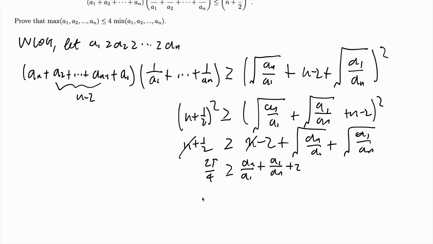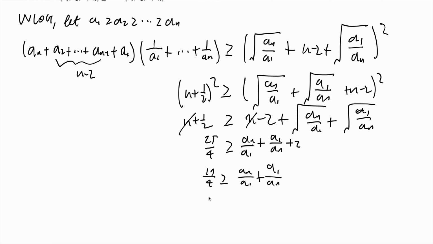Therefore, we have 17 over 4 is greater than or equal to, and let's simplify. So we have 17 over 4 a sub 1 a sub n is greater than or equal to a sub n squared plus a sub 1 squared.